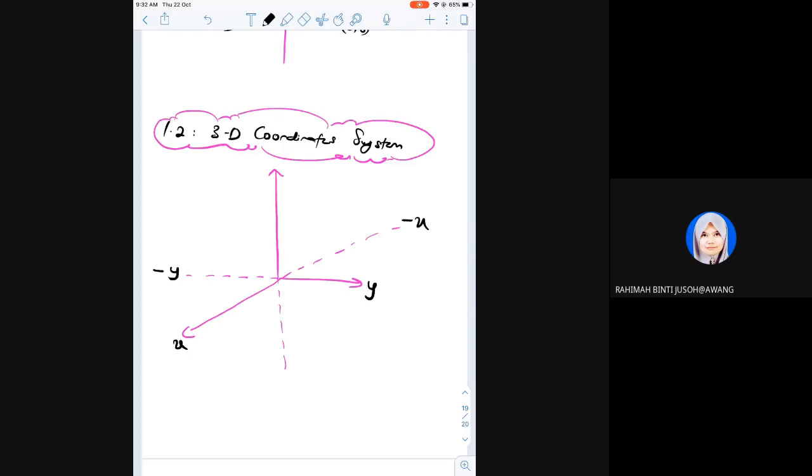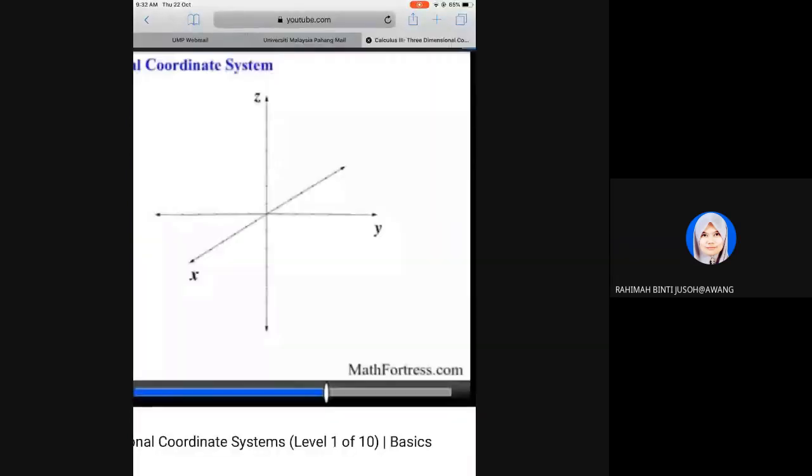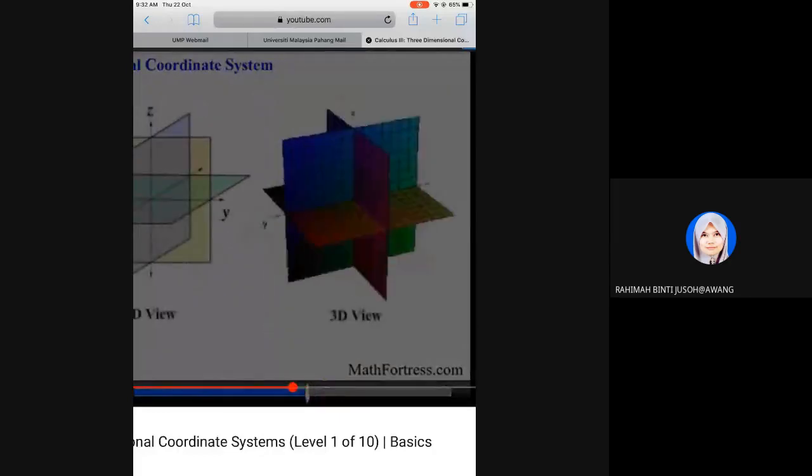Okay, and then z axis above is positive z, and the lower part should be negative z, like that. Okay, I will show you one video so that you can have the view. Okay, saya nak tengok betul-betul video ni.